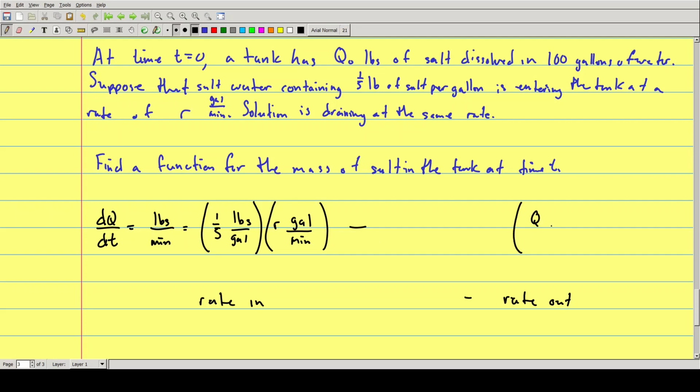So we have Q pounds of salt, right? We have 100 gallons that salt is dissolved in, and the rate that it's flowing out is R gallons per minute.